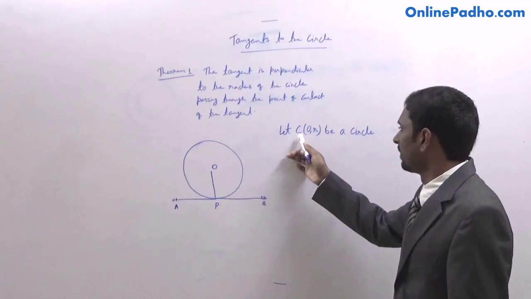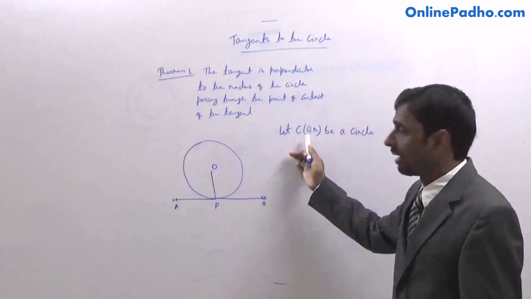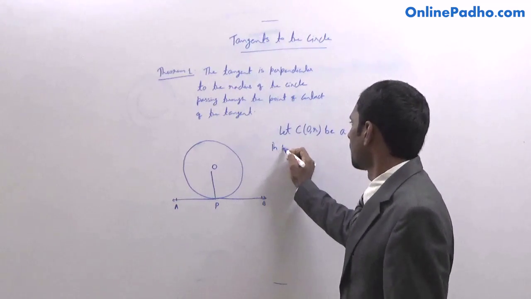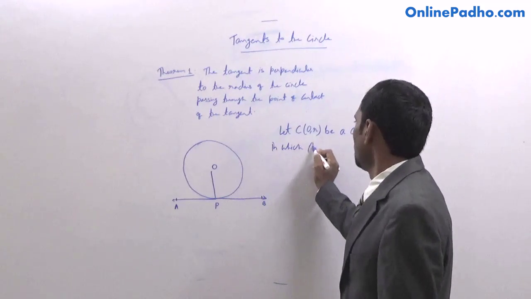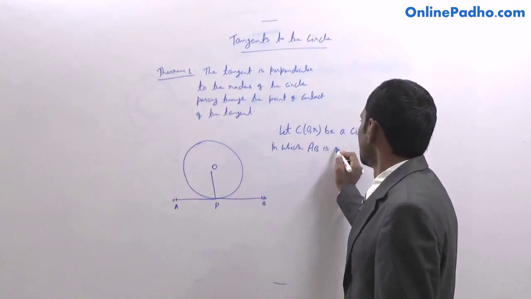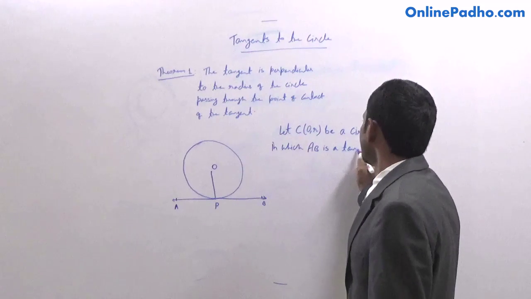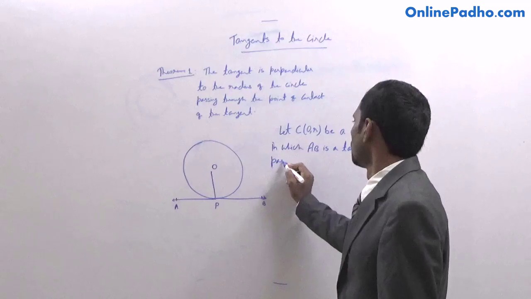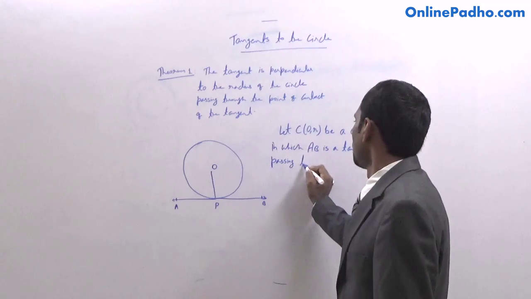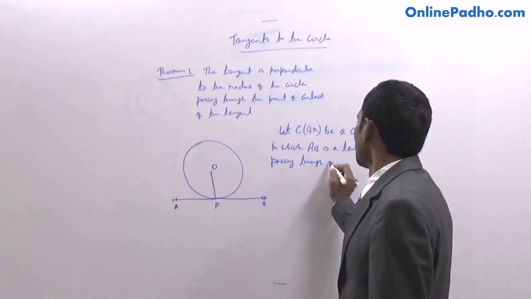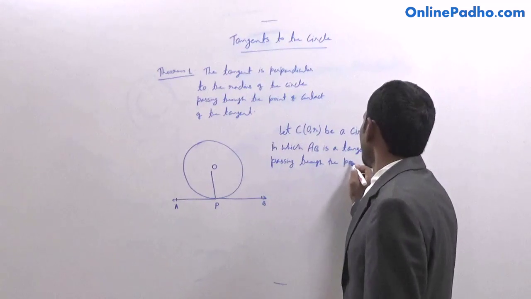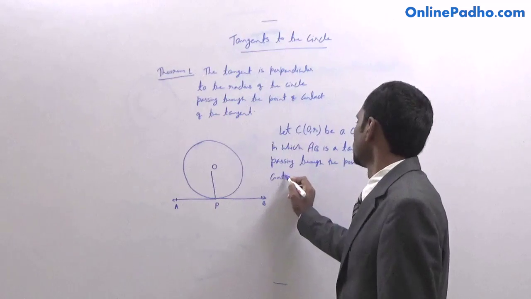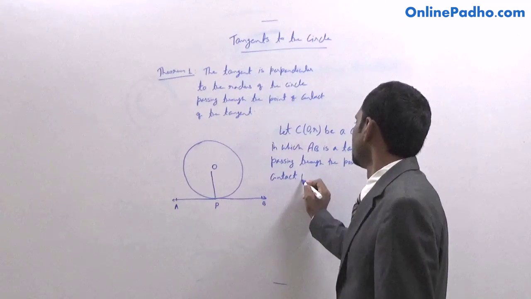C for circle with center O and radius R. We can write: let C(O, R) be a circle in which AB is a tangent passing through the point of contact P. Right?